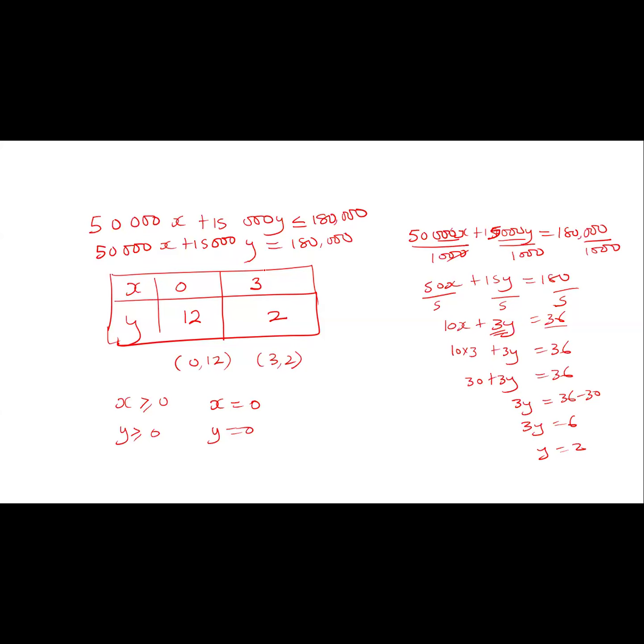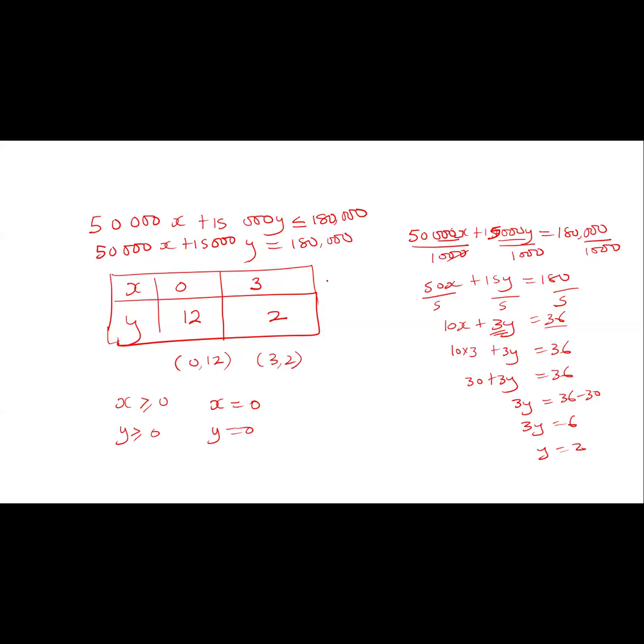HCF is that number that goes through all. Here you can use your HCF approach if you know it, the highest number that can go through the 50,000, the 15,000, and 180,000. But better you first look at those zeros, you remove them, and then you continue. Okay, thank you.